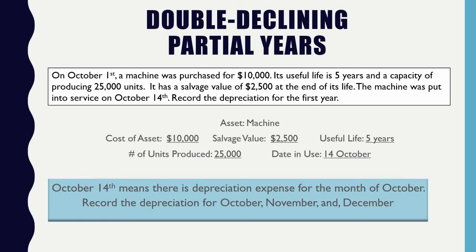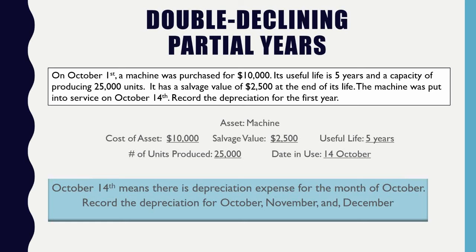Record this depreciation. So in this case, let's look at this asset. When did we place it into service? In October. Now, what date do we actually place it in? The 14th. So, what does that tell us?